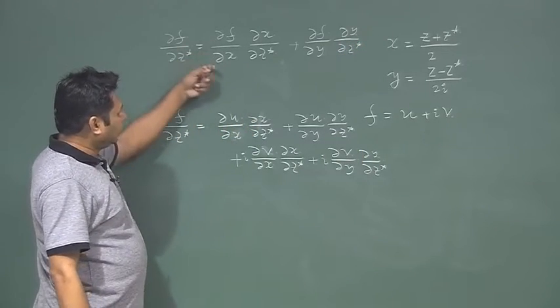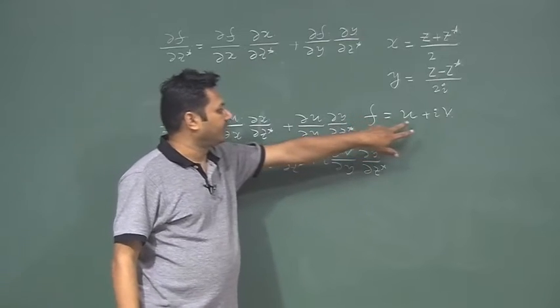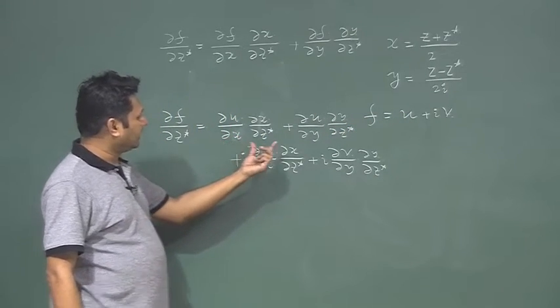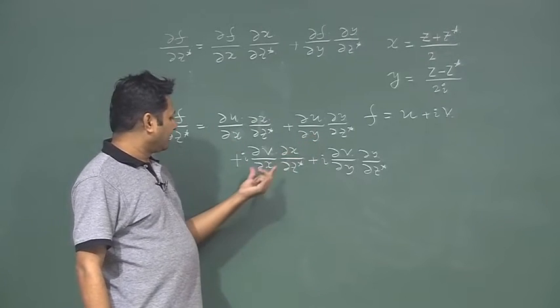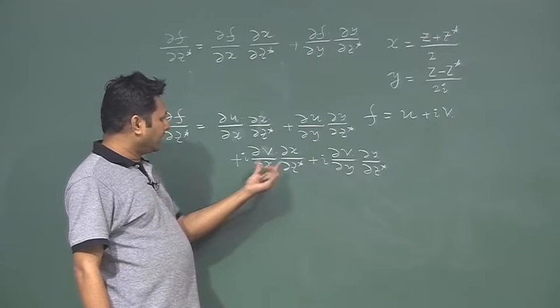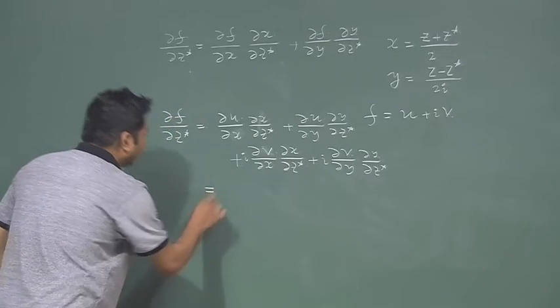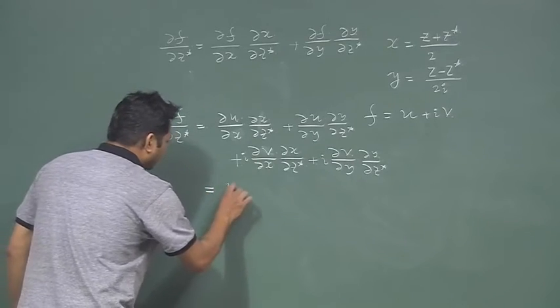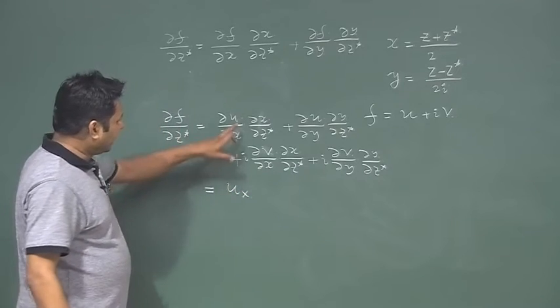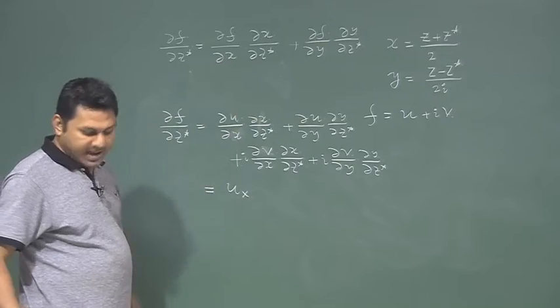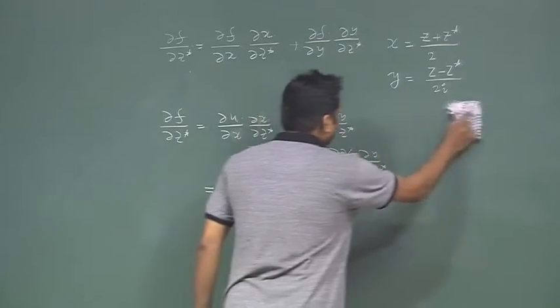And then del f del x, I can take it from here. So, it will be simply del u del z star plus i del v del z star. Now I can write it as u x and del x del z star, because I have the relationship between x and z.